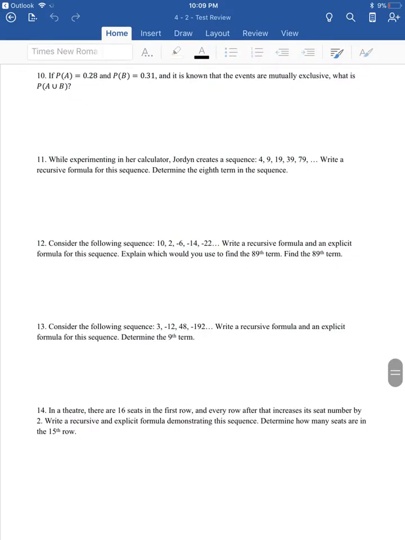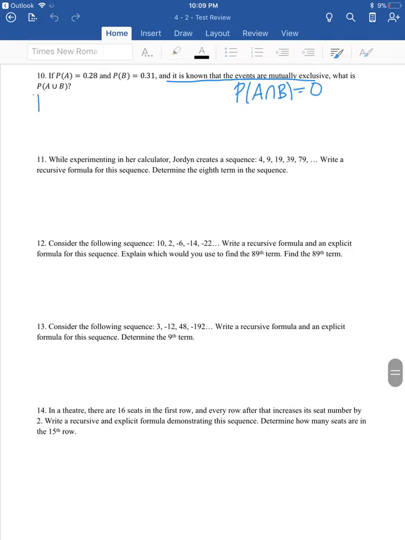Number 10 is not really word problem-y at all. So, if the probability of A is 0.28 and the probability of B is 0.31, and it's known that the events are mutually exclusive, this means that the probability of A and B is equal to 0. They can't happen together. What is the probability of one or the other?